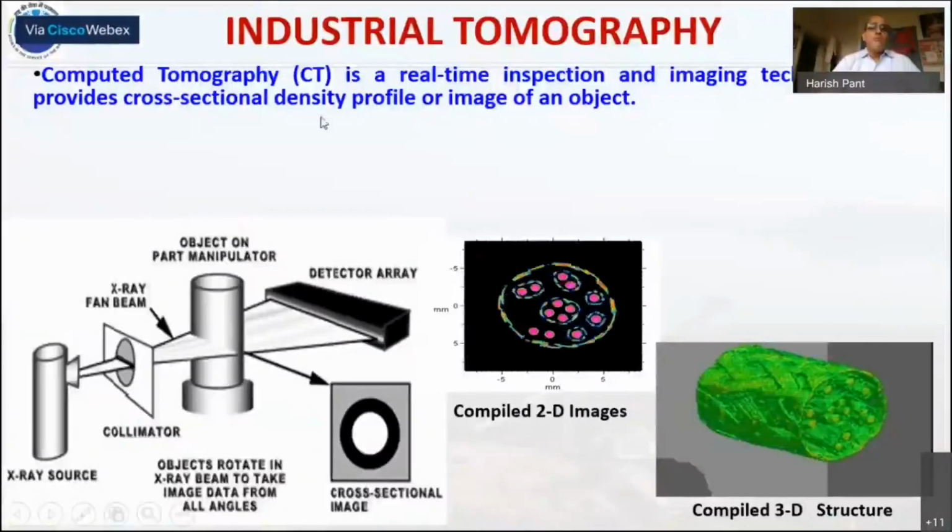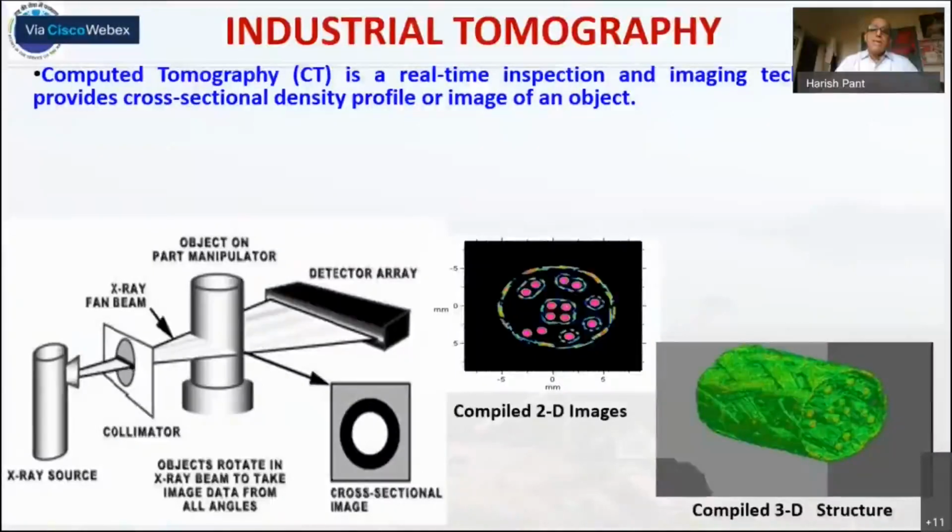Actually, computer tomography is a real-time inspection and imaging technique which is used to obtain the cross-sectional density profile or image of any object. You see, using the radiography technique, you can get only that there is a flaw inside the material, or a discontinuity, or a problem.